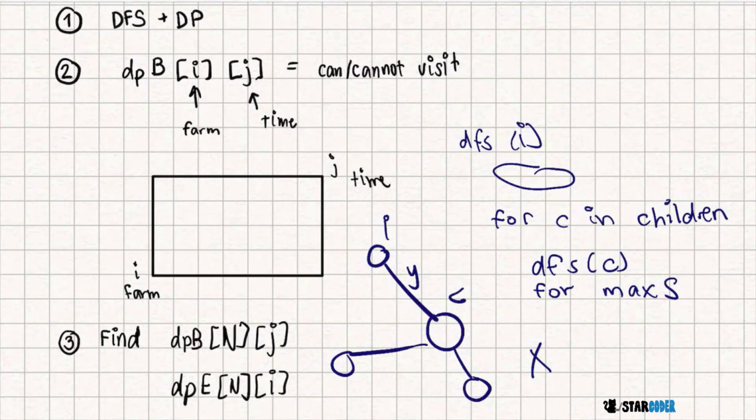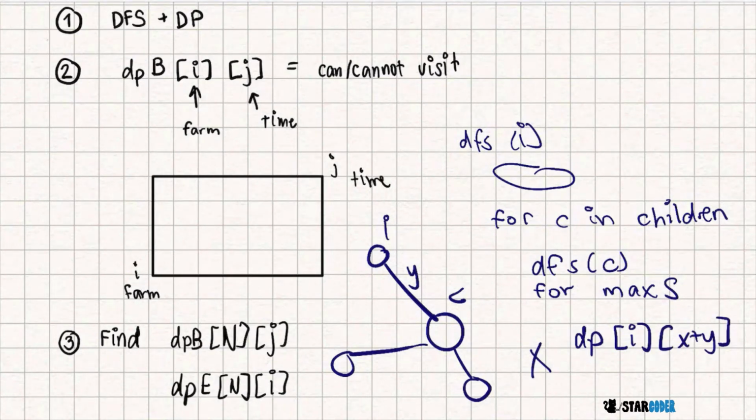So we loop through all of DP C at J up to max X, and if that value is true, meaning we can visit C, we make DP I at X plus Y true.